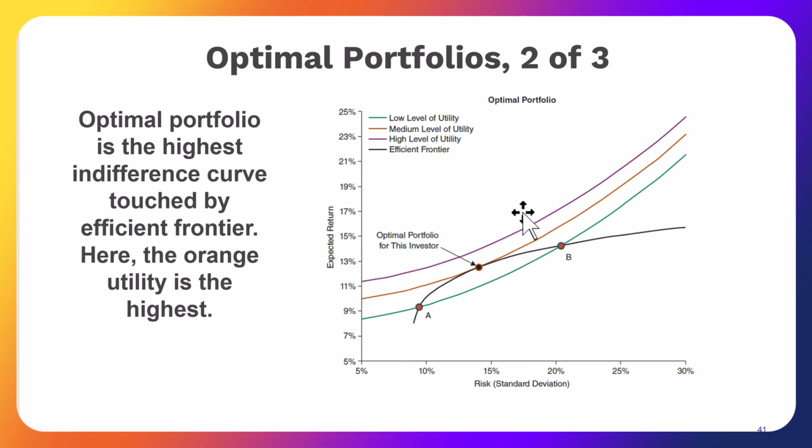That's much higher utility, but the problem is it's on the wrong side of the efficient frontier. So as we move outward, we will eventually find one portfolio on this particular utility curve. That is the optimal portfolio for that person.